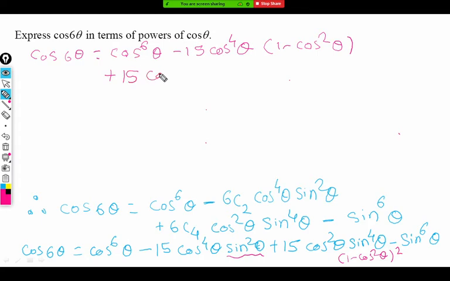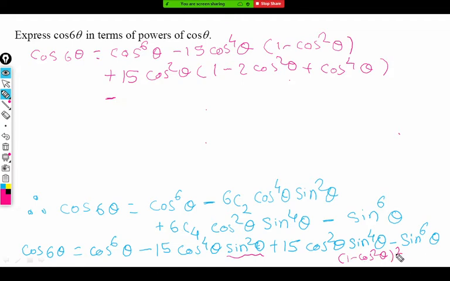So 15 cos square theta stays as it is, times 1 minus cos square theta bracket squared. Let me square the bracket also: 1 minus 2 cos square theta plus cos raised to 4 theta. This is the bracket square, minus sine raised to 6 theta. Now what is sine raised to 6 theta?